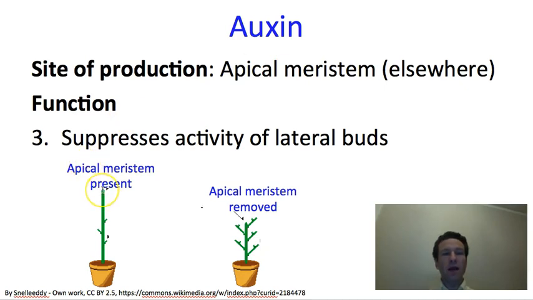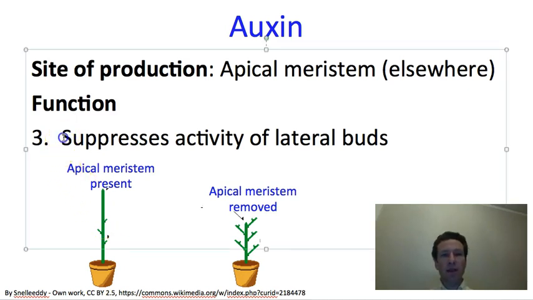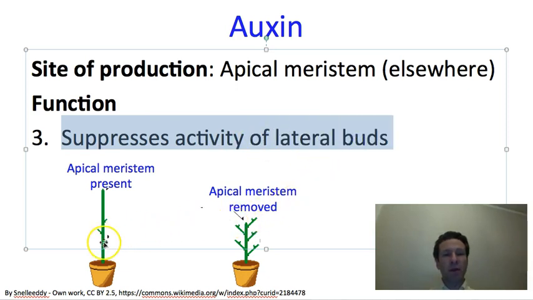So auxin gets made here, but then its place of effect is further down in the stem in this case. So it gets sent downwards in the stem, and it has the effect of suppressing the activity of lateral buds. It prevents the lateral buds that are associated with each leaf from becoming active, so they don't form lateral stems. That's what happens if the apical meristem is present.